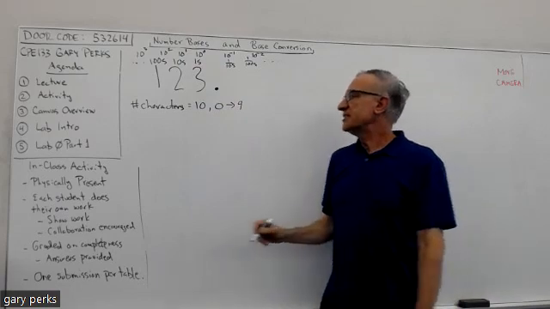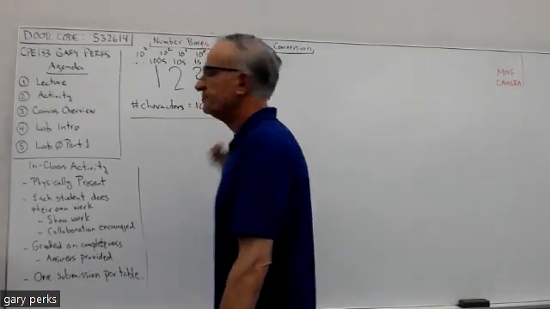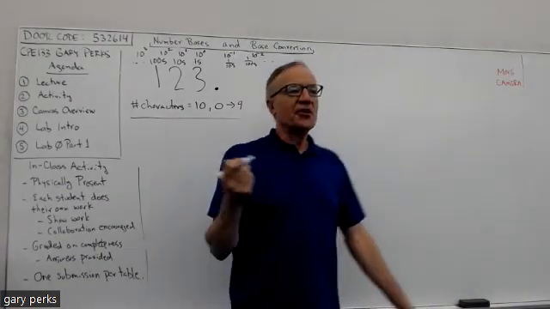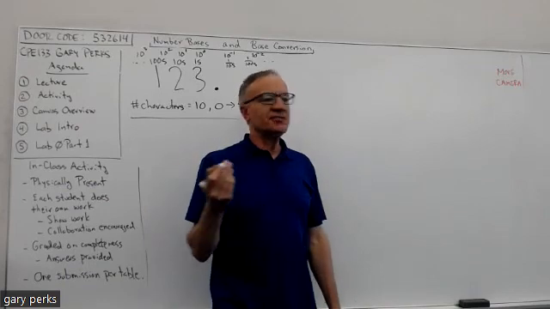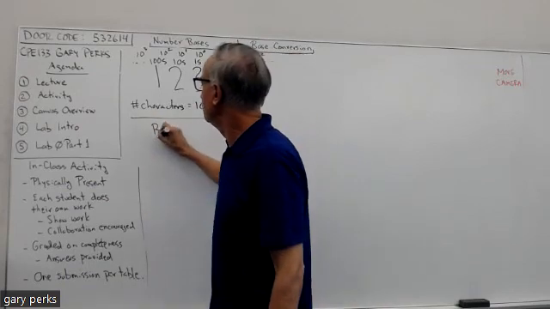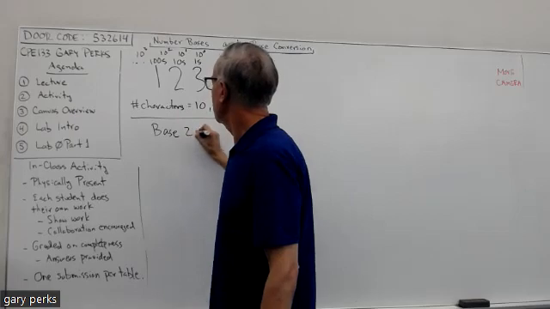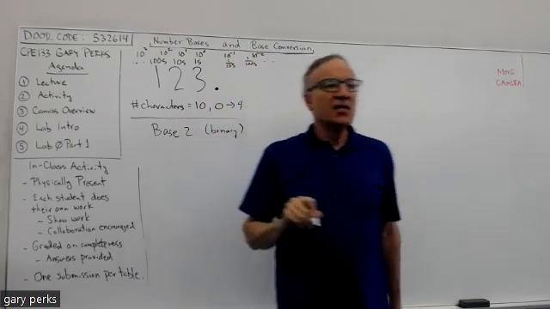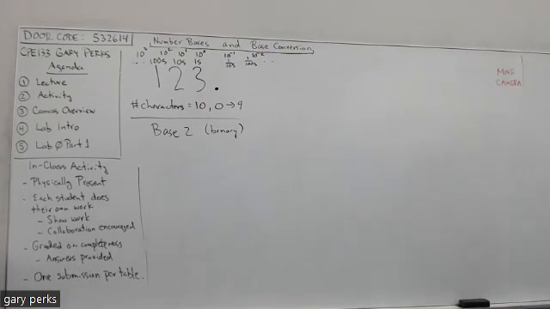For example, a very popular base in digital is base 2, which is called binary. So how many characters in base 2? 2, right?